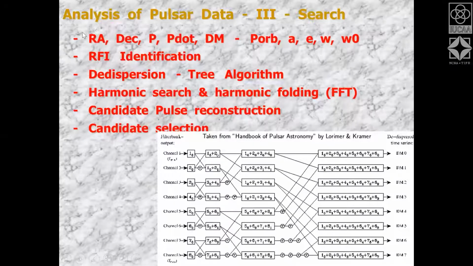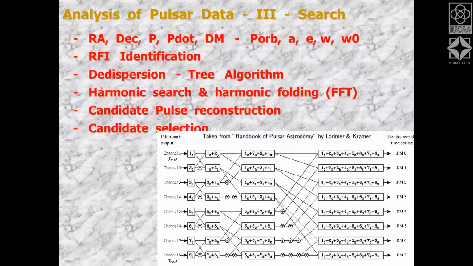So let's go parameter by parameter. The first 2 parameters, that is RA and DEC, you find out by dividing your sky into a large number of pointings or small chunks. If you have a 100 square degree sky and your telescope beam width is 1 square degree, you will divide this sky into 100 points and then point your telescope to each of these points for a certain time, acquire the data, then go to the next point and the next point and so on, till you have completed the entire survey.